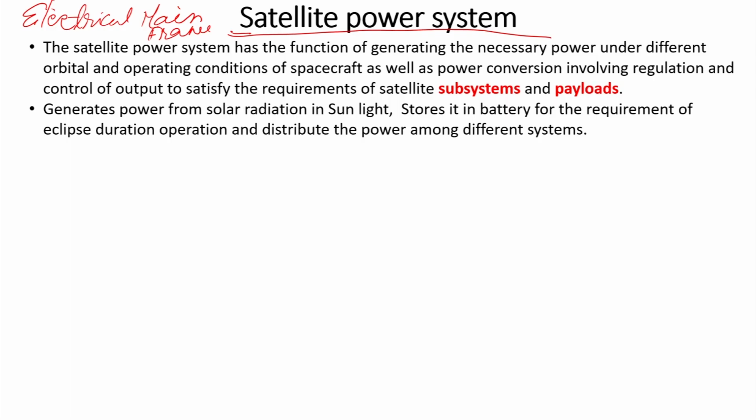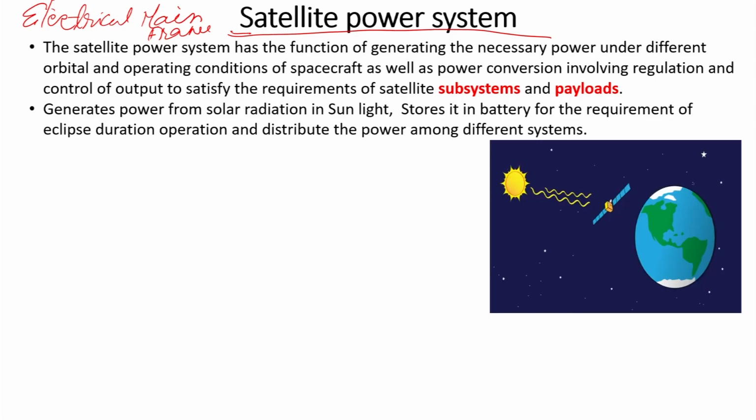Along with that, batteries are used, which store the electrical energy generated from the solar photons, and whenever there is no sunlight available, especially during the eclipse, those batteries are used for the satellite operation.